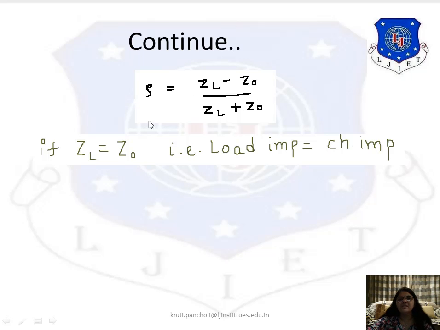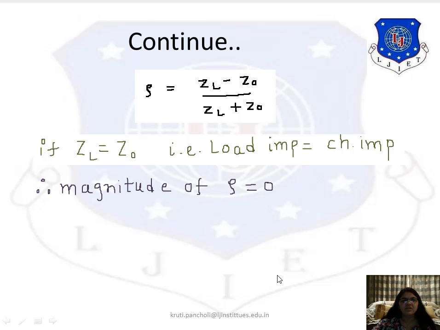At the start of the lecture I said that when the source impedance and the load impedance are matched, reflection does not occur. So if ZL is equal to Z0, meaning the load impedance is equal to the characteristic impedance, the magnitude of rho will be 0 and there is no reflection.